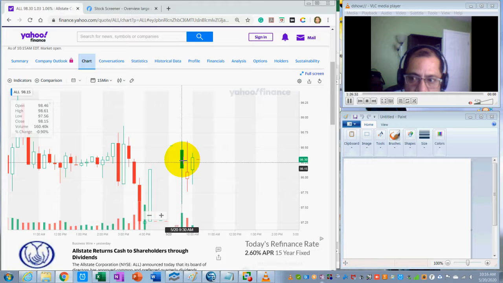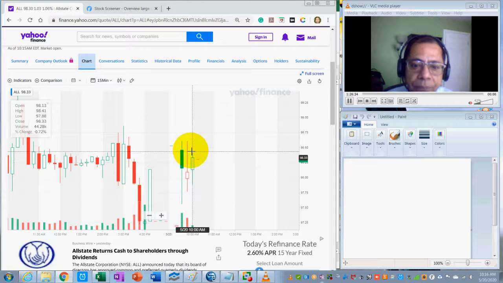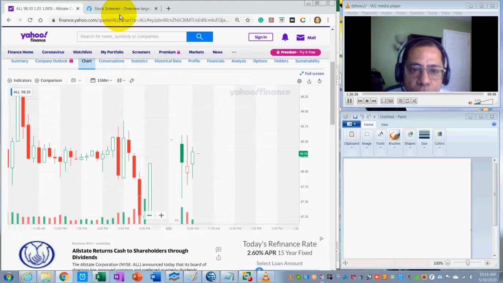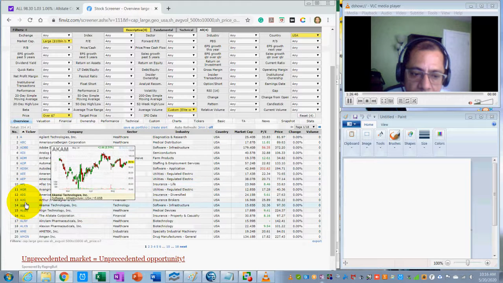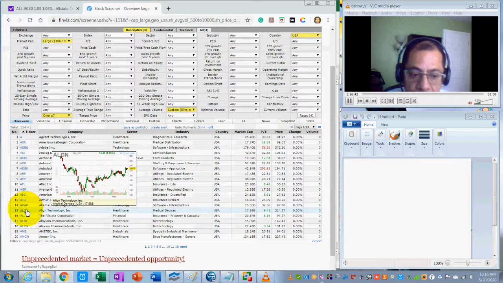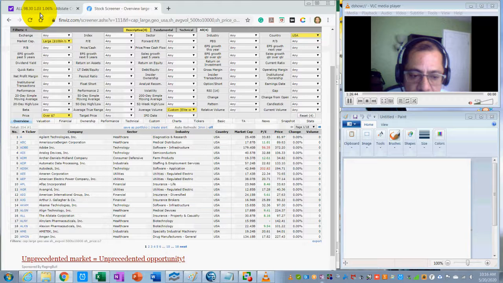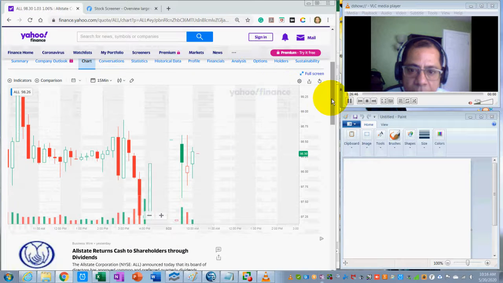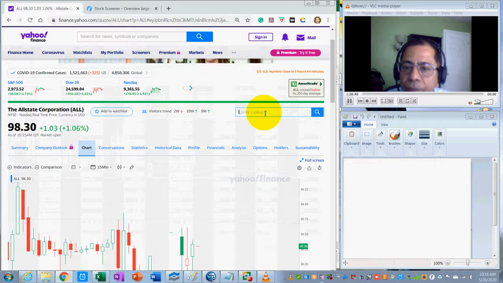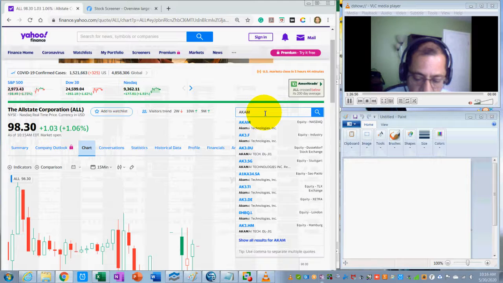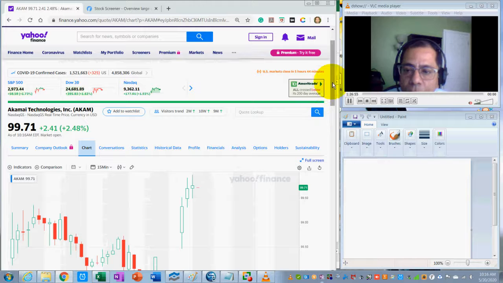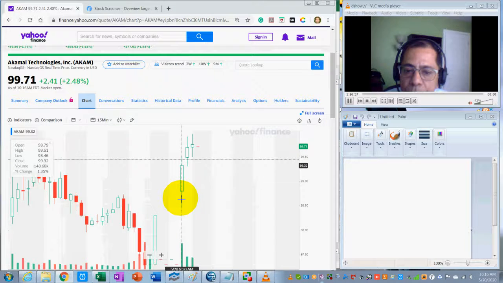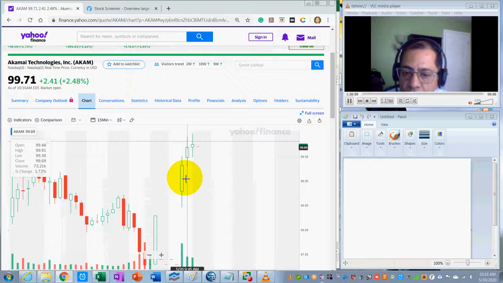But having said that, you can more or less see that the market is going in the direction of the market and the individual stocks. Say for example AKAM. Let's take a look at that. Hopefully it's also giving a direction towards the bull side because the market is bull at this point of time.